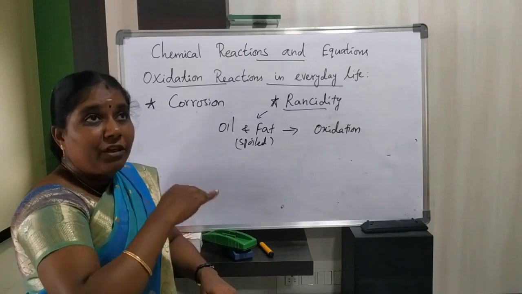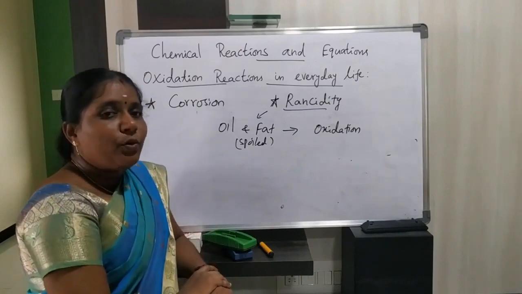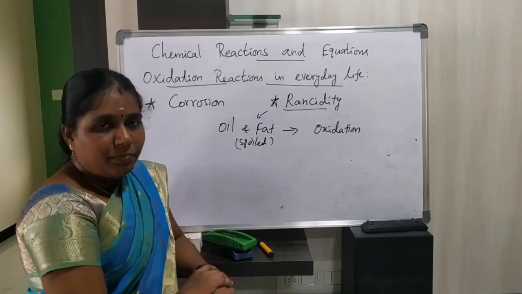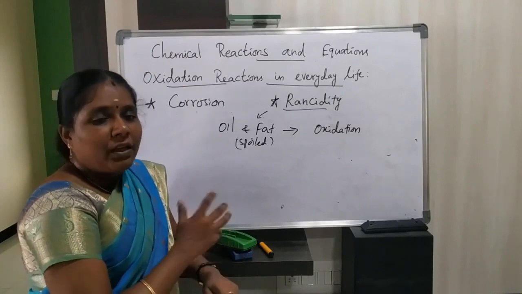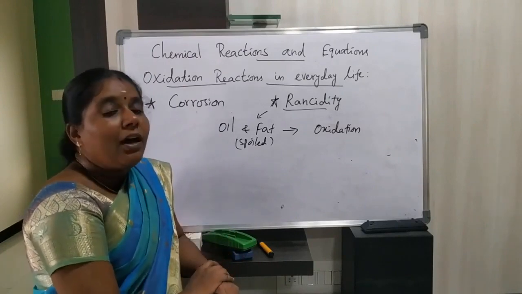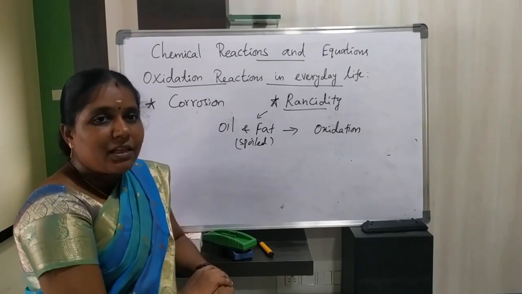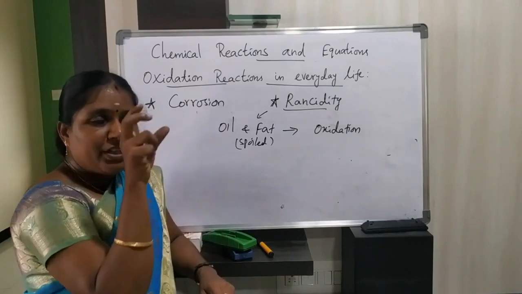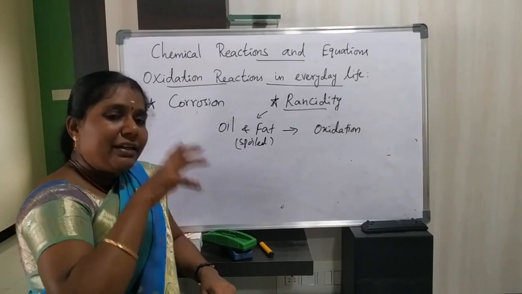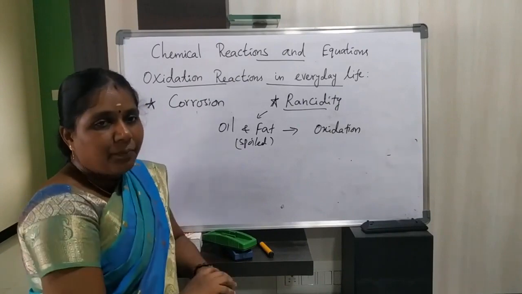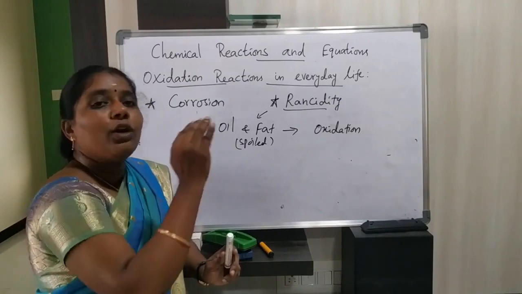So what are the conditions we use to prevent rancidity? First, we need to keep food away from sunlight. Suppose we buy medicines or some other items from stores, they mention in that place itself, better avoid sunlight, store in a cool place.